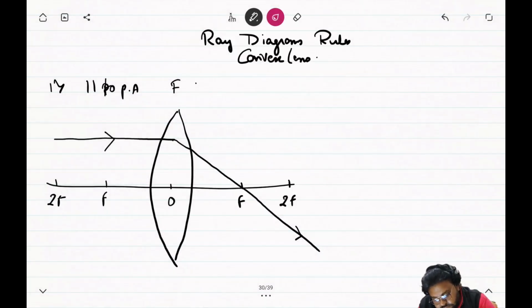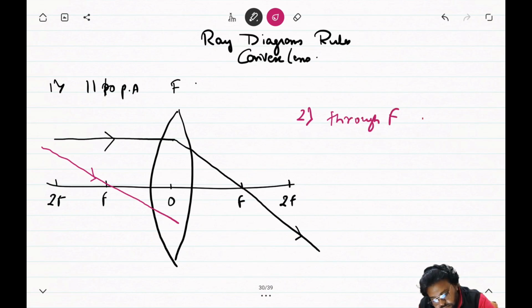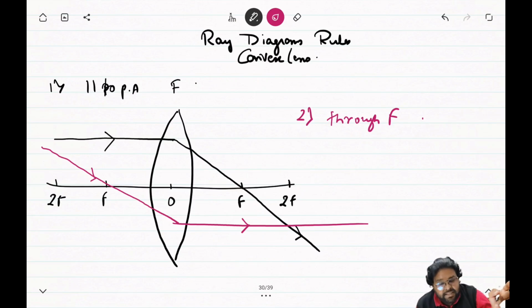The second rule, if the light is passing through the focus, after refraction it would go parallel. Focus, parallel.